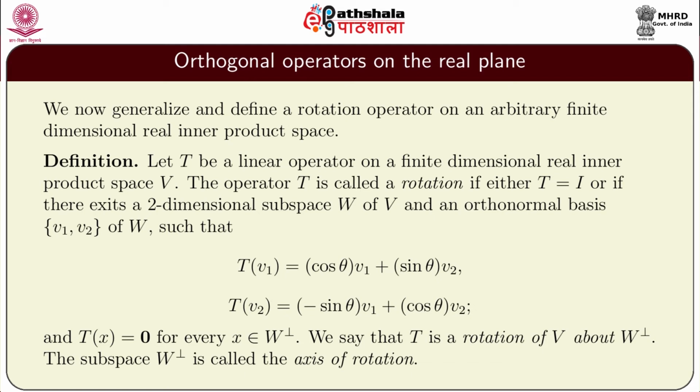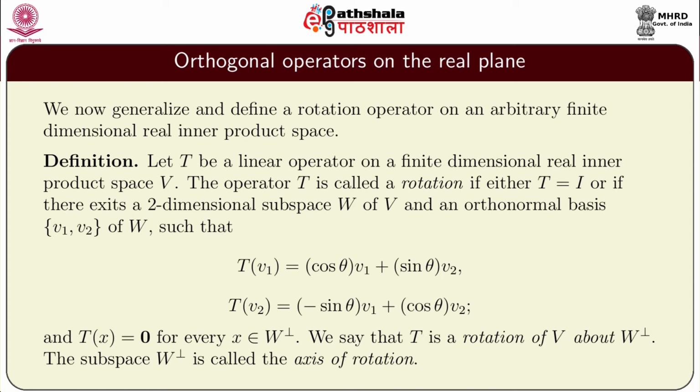The definition: let T be a linear operator on a finite dimensional real inner product space V. The operator T is called a rotation if either T is the identity operator or if there exists a two-dimensional subspace W of V and an orthonormal basis V1, V2 of W such that T V1 is equal to cosine theta V1 plus sine theta V2 and T V2 is equal to minus sine theta V1 plus cosine theta V2, and Tx is the 0 vector for every x in W perp.